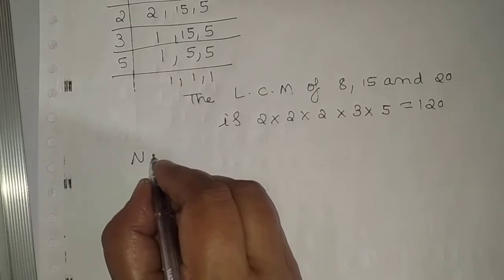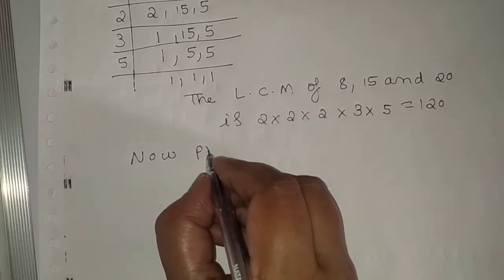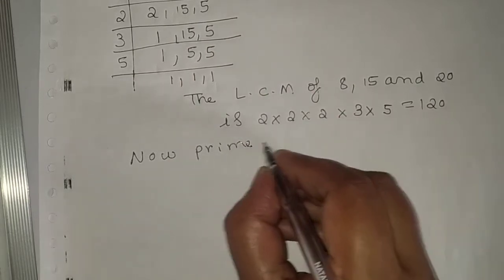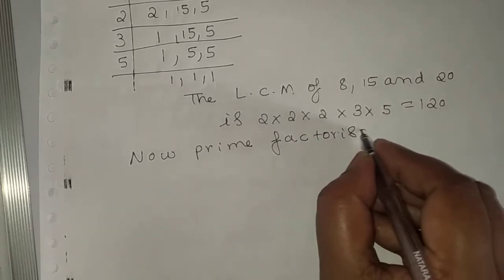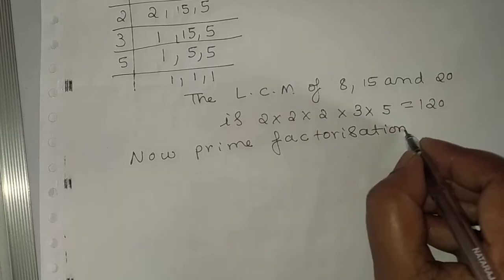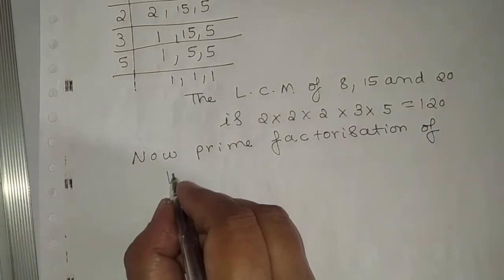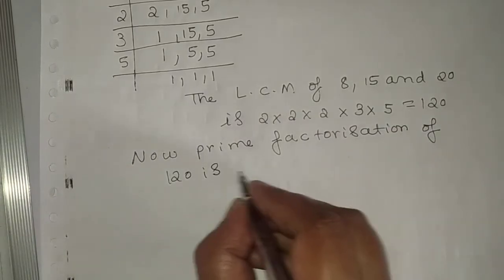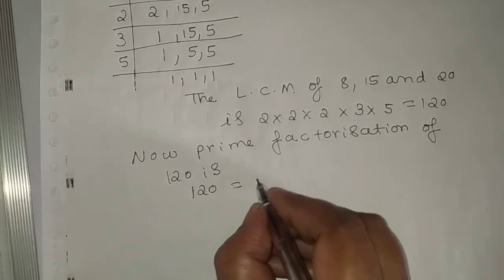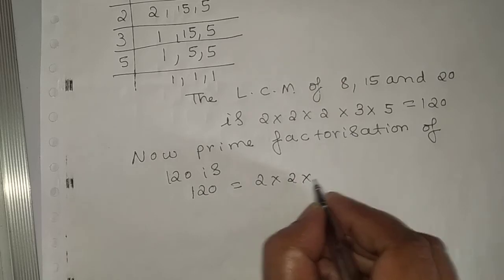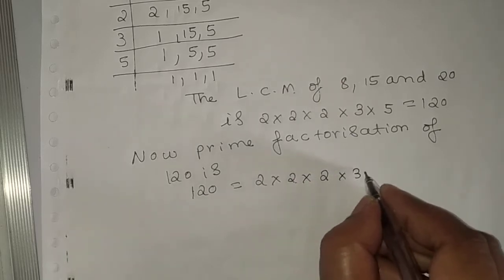Now the prime factorization of 120 is: 120 is equal to 2 into 2 into 2 into 3 into 5.